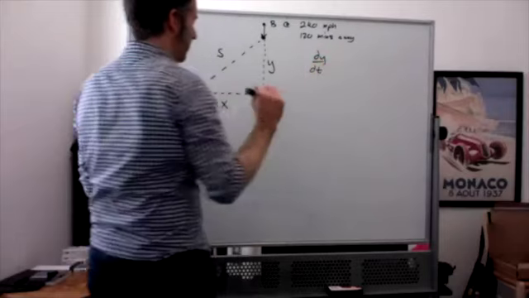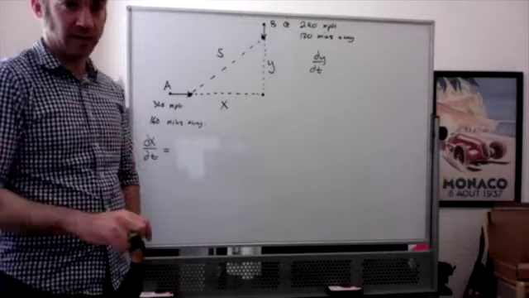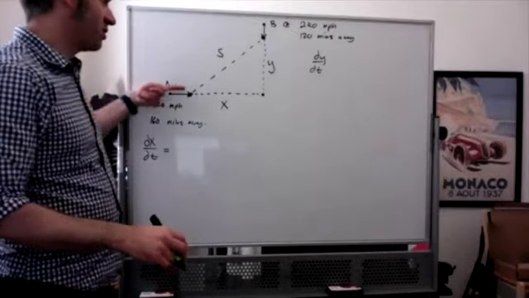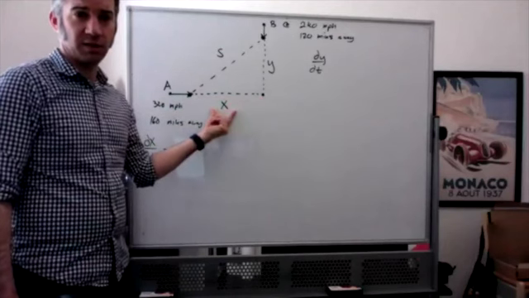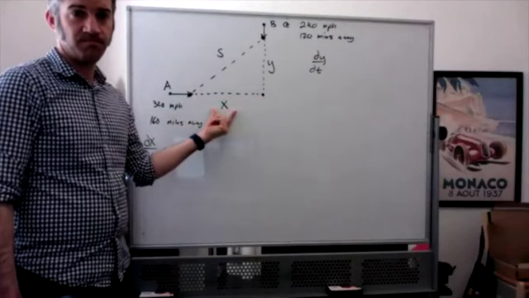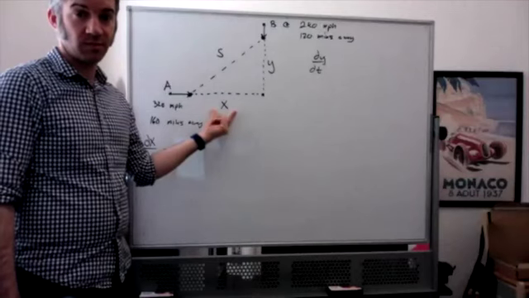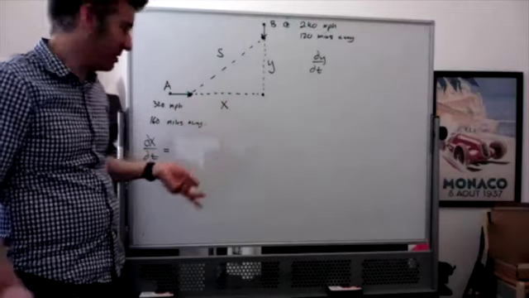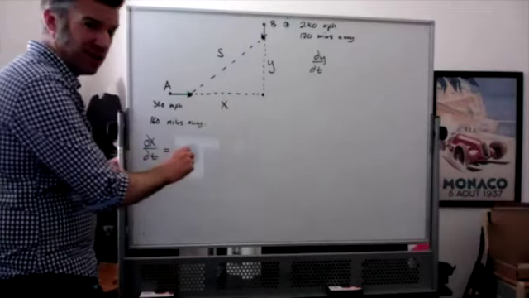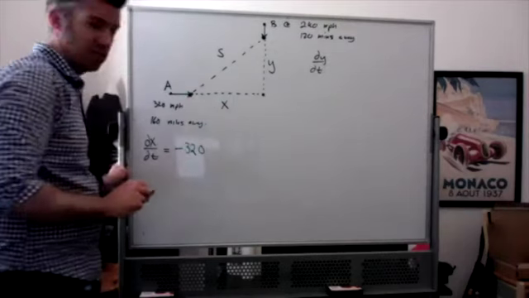Now here's the thing. Because of the way this picture is working, let me ask you guys: as my plane moves closer to the point, is x increasing or decreasing? As this plane gets closer, yeah, it's decreasing, which means dx dt should be negative 320.